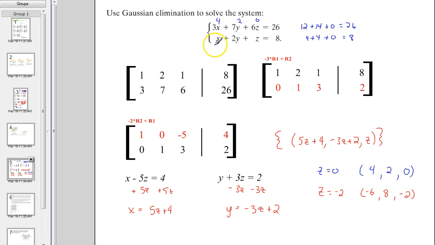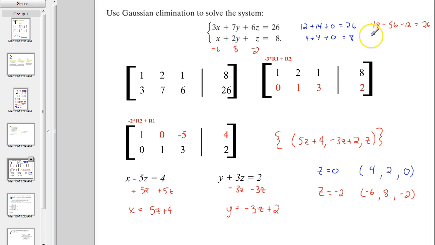So if we used -6, 8, and -2 this time instead of these 3, we get 3 times -6 is -18, 8 times 7 is 56, and then 6 times -2 is -12. -18 and -12 is -30, plus 56 is 26.